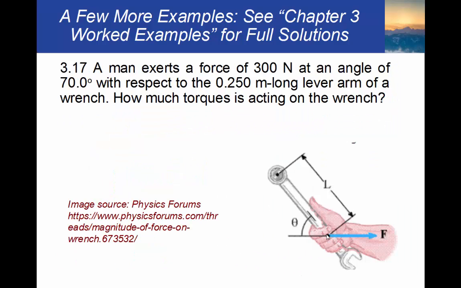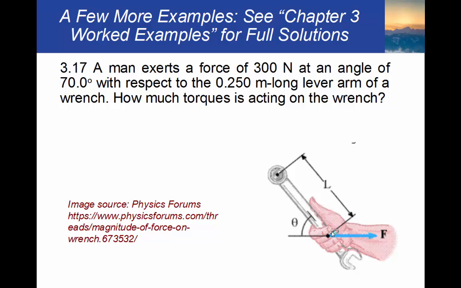Suppose that you have a wrench, and you pull upon the wrench to apply some force upon it. And that force is 300 newtons, and you pull at an angle of 70 degrees, which is fairly close to what this is.